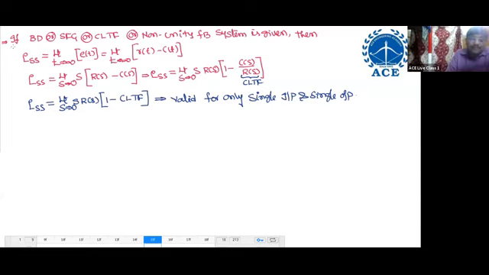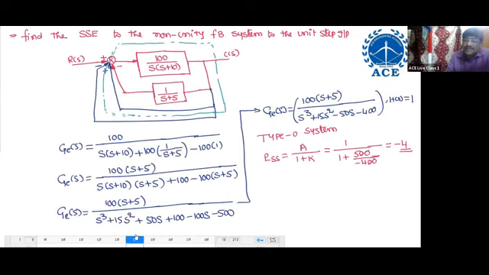In case any block diagram, signal flow graph or closed loop is given, why? Because sometimes they'll give a somewhat big block diagram. To find steady state error, the block diagram should be left with unity feedback, and all the remaining block gains should be taken as G of S. For example, if you are given 100 by S into S plus 10, and 1 by S plus 5, I need to add positive feedback and be left with unity feedback.